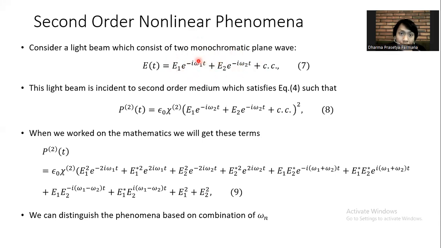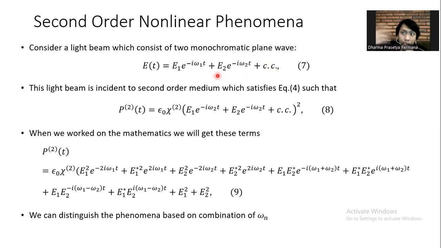The first term, E1 e^(-iω1t), is the electric field amplitude of the first monochromatic wave at the frequency ω1. The second term is the amplitude of the second wave with the frequency ω2. And the c.c. represents the complex conjugate of these terms.